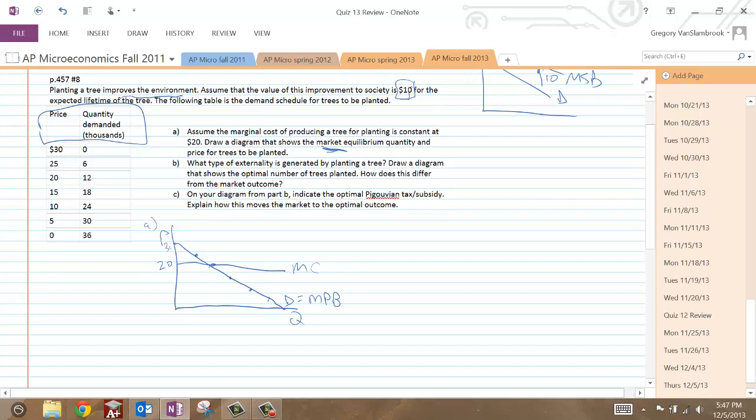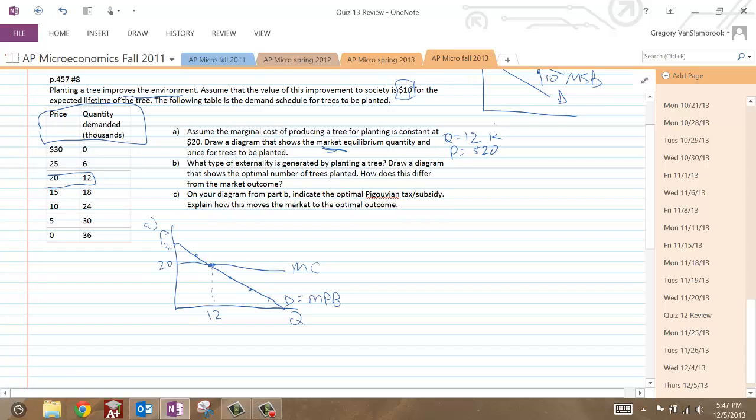And we can see that the equilibrium quantity there is where marginal cost or marginal private cost equals marginal private benefit or demand. And that is, you can tell there, at a quantity of 12 units, 12,000, since these are in thousands. So that's our market equilibrium quantity, 12,000 units at a price of $20.